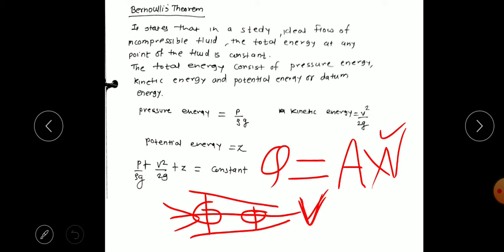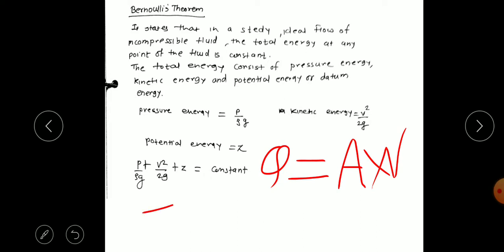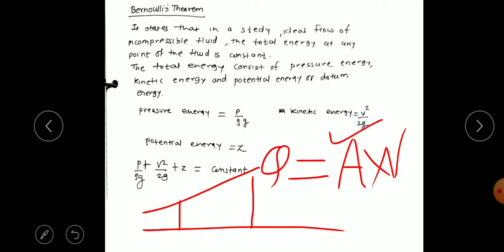The reverse of this: suppose along the flow the area goes on increasing, that is a diverging section. Here the diameter is small, here the diameter is large. As the area goes on increasing, the velocity will be reduced, meaning the kinetic energy at this point will be small.